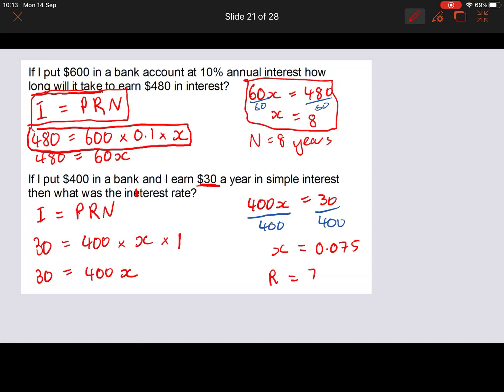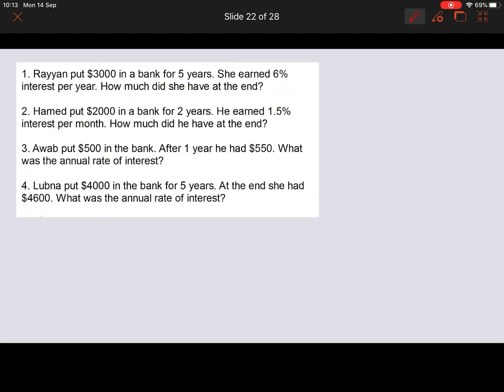And so what does x equal? 30 divided by 400. Let's just do that on a calculator. Okay, so we're going to get 0.075. Now that's the multiplier. So what's the rate of interest? Well, times that by 100. 7.5%. Okay? So let's have a go at that.